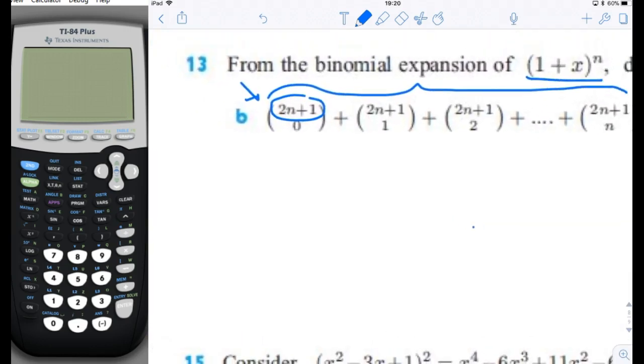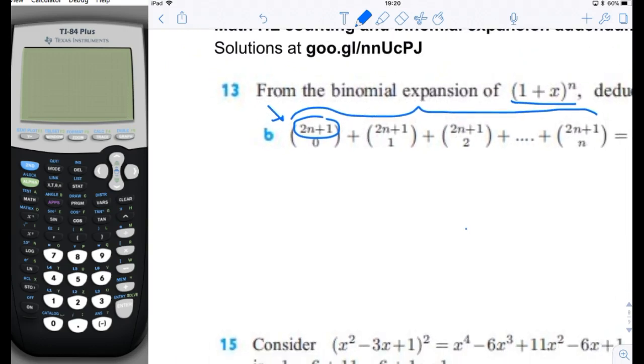Okay, so although it says to use (1 + x)^n, what you're going to start with is (1 + x)^(2n+1), because that is the top number for all these binomial expansion coefficients. So you need to start there, okay? And even though this is not every single coefficient, don't worry about that yet, okay?